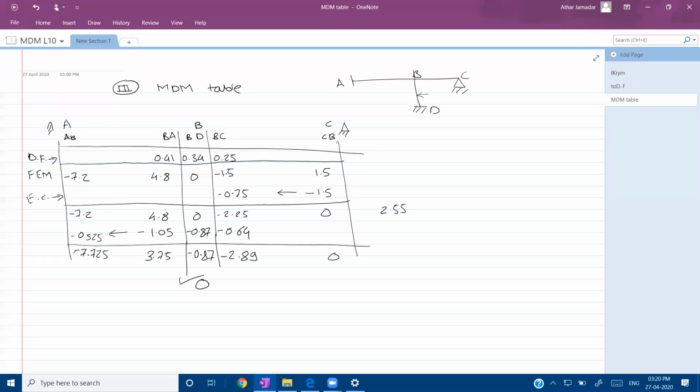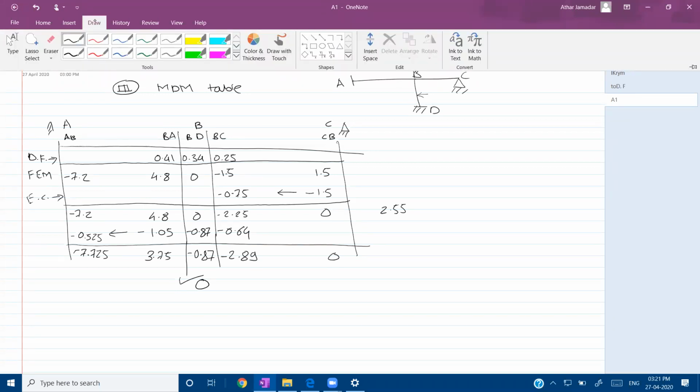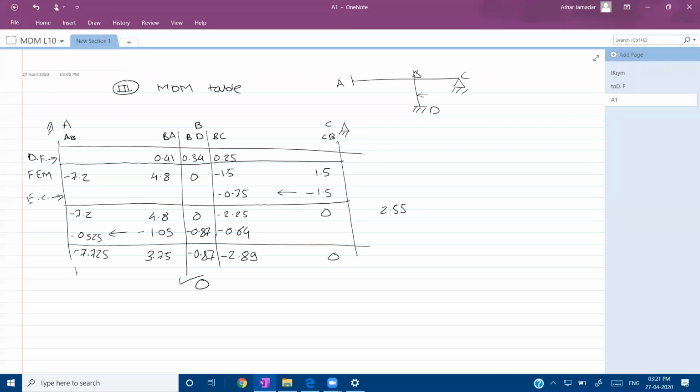Now here I have told you that the moment of BD should be carried over to the nearest support D. So how to do that? Before that, I will write down each moment value. This is nothing but your MAB value. This is MBA. This value is MBD. This value is MBC.